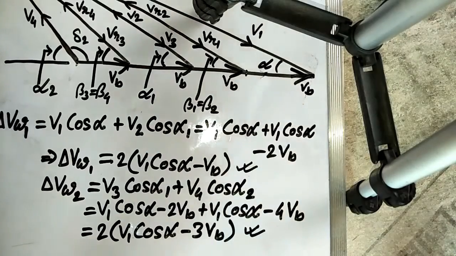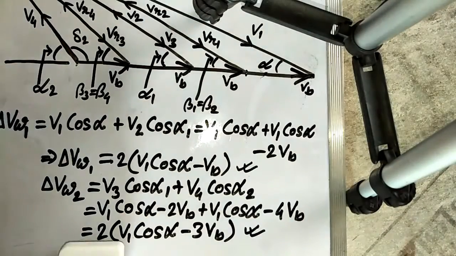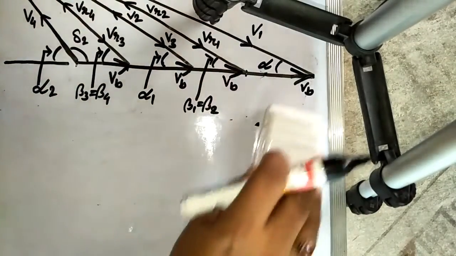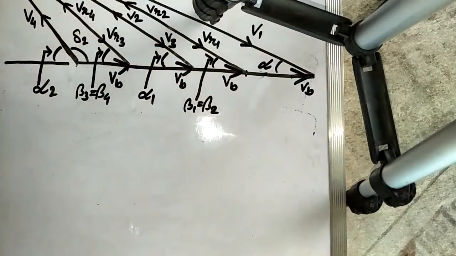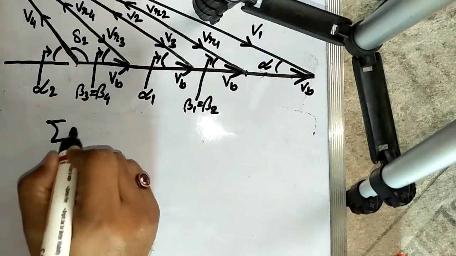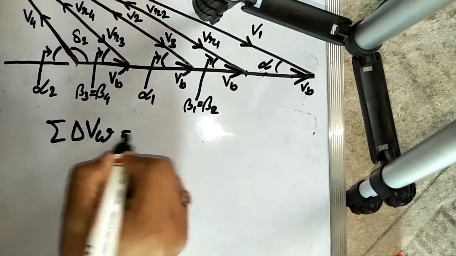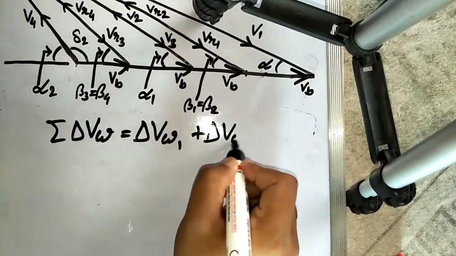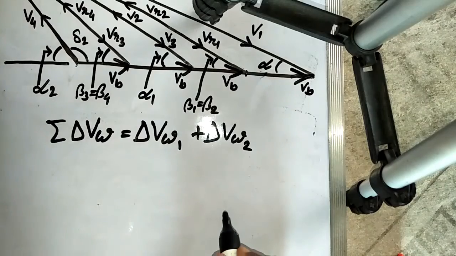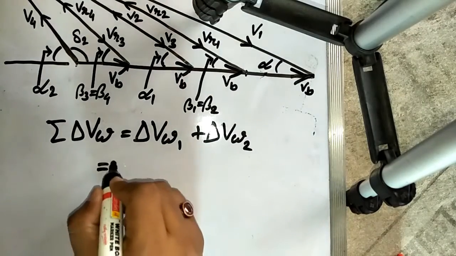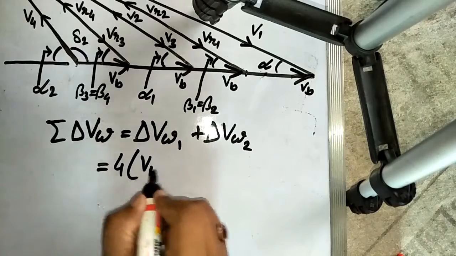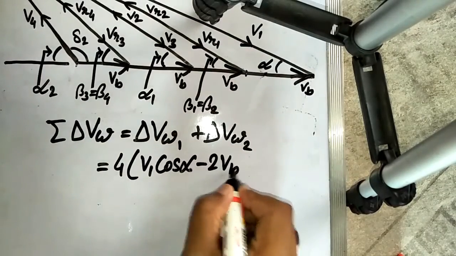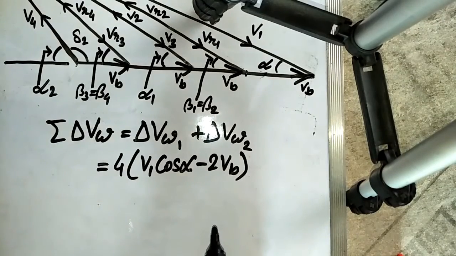So let's find out the summation of Δv_ω. The summation of Δv_ω is equal to Δv_ω1 plus Δv_ω2, which is equal to 4 into V1 cos alpha minus 2 into vb.